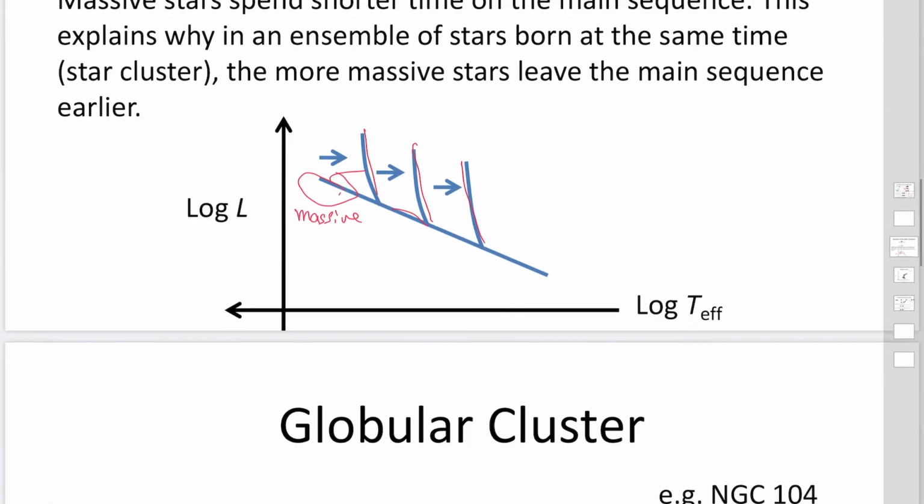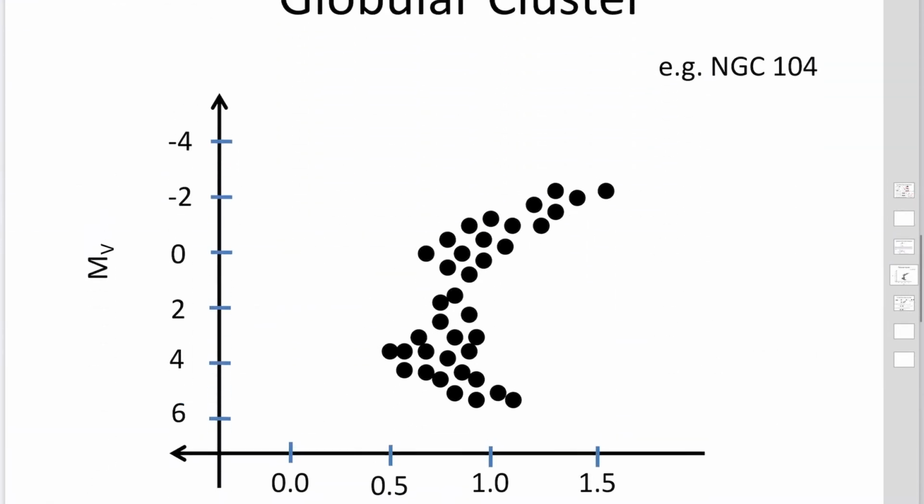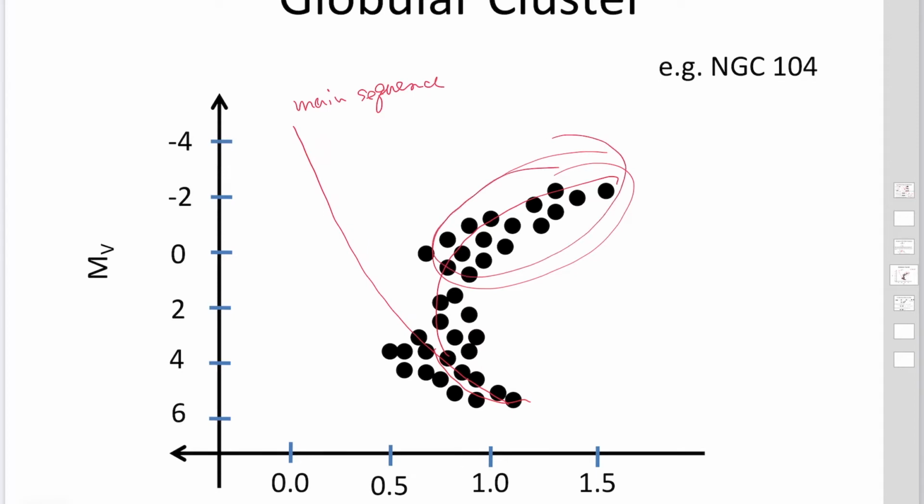If you look at the HR diagrams of the globular clusters, we can understand the age of the globular clusters is older than the age of the open clusters, because this is not a main sequence. The main sequence is this nearly straight line, but some of the heavy stars have already left the main sequence.